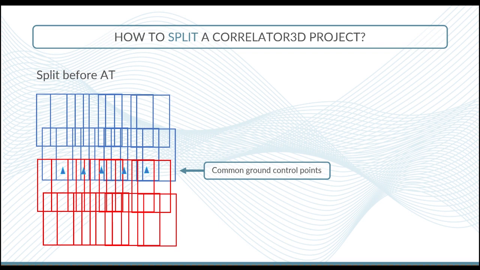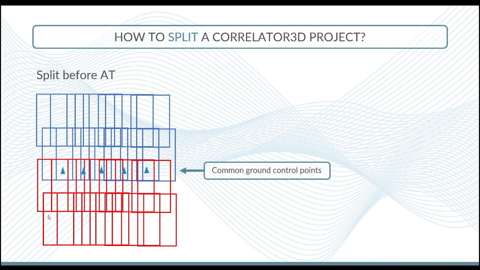This way you ensure that you have good planimetric and vertical accuracy between your blocks. Maybe another way that you could do this is to do the aerial triangulation on the first block, generate a DSM and a mosaic, and then use these DSM and mosaic as a reference in the aerial triangulation of the second block. When you create the second project, you would use the output ortho or mosaic and DSM as a ground reference.